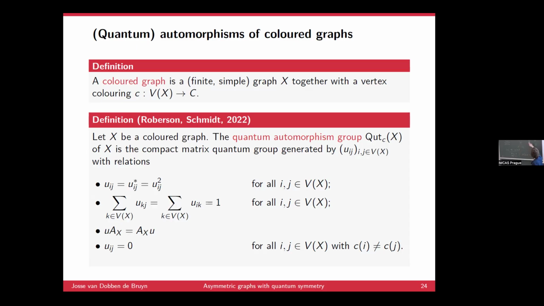So say if X was a 4-cycle, then you get this. And there we proved the quantum version of a theorem of Sabidussi, which shows that the quantum automorphism group of this lexicographic product, under certain reasonable assumptions on X and Y, is going to be the free product of the quantum automorphism groups of X and Y.